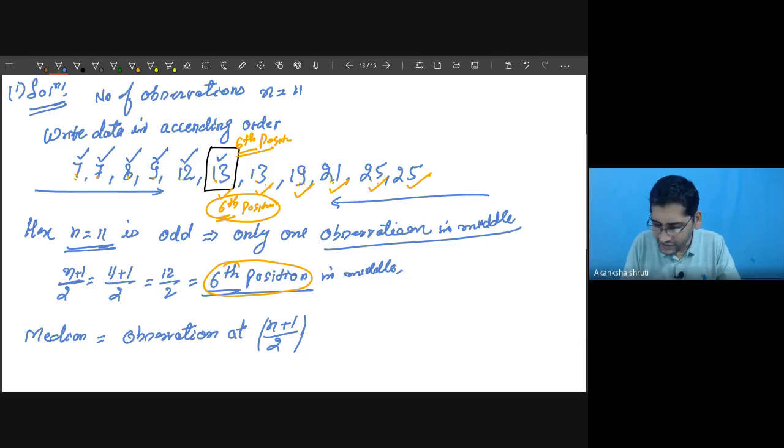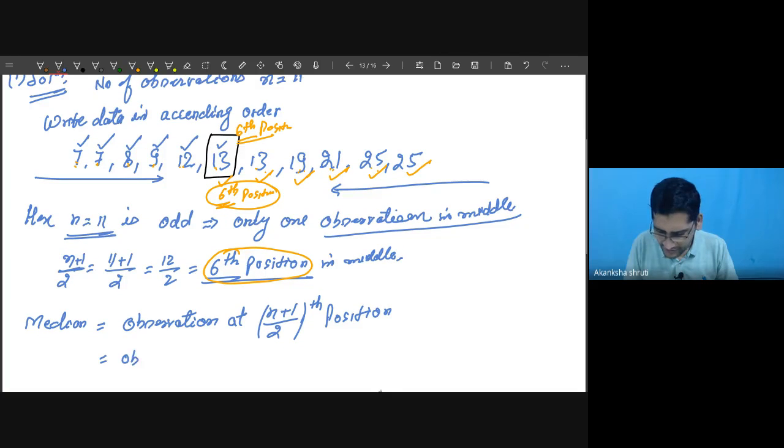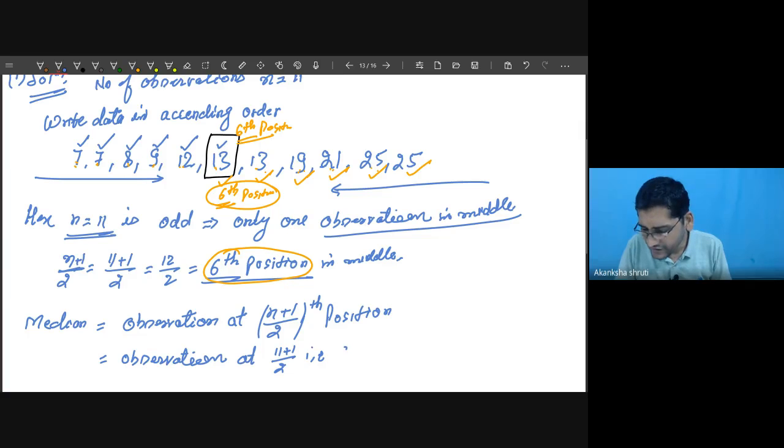Though I have calculated this separately, that is the observation at, what is this N, 11 plus 1 by 2, that is the observation at the sixth position.